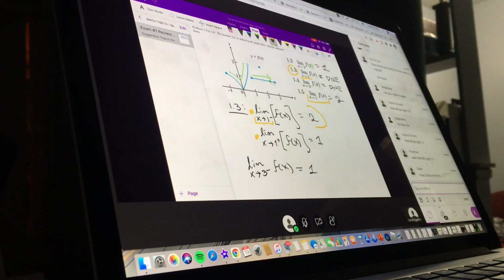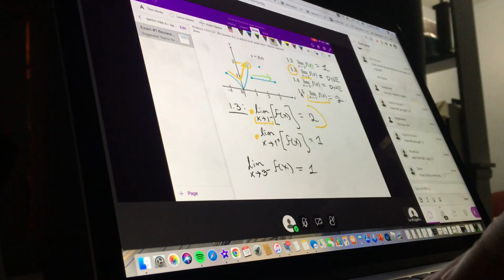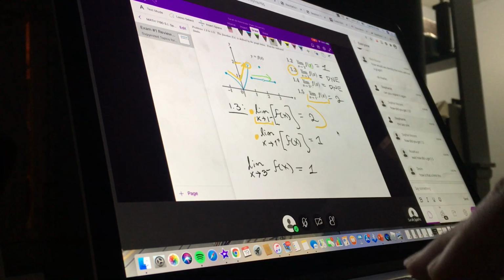How is that the limit, though? So we're going from the left side of the function, following it up to here, and we're stopping at 1. We see that the limit is going to be 2.